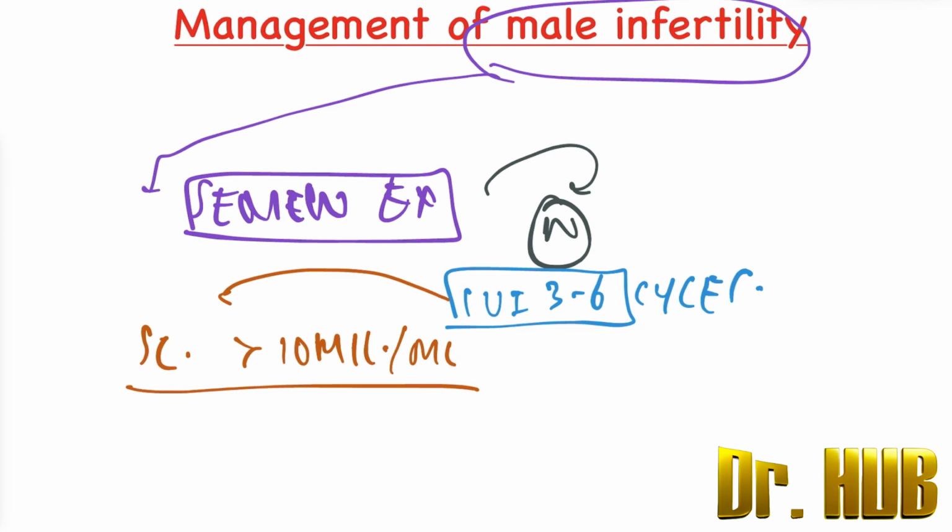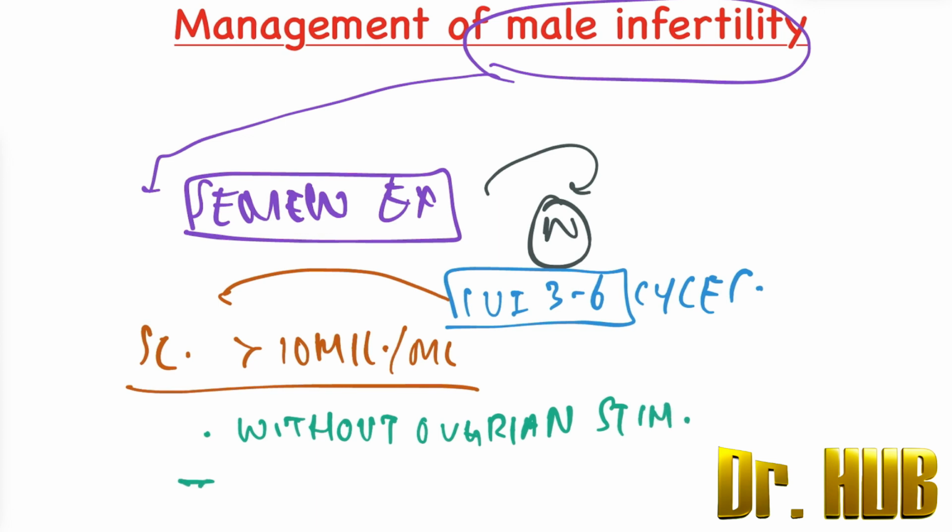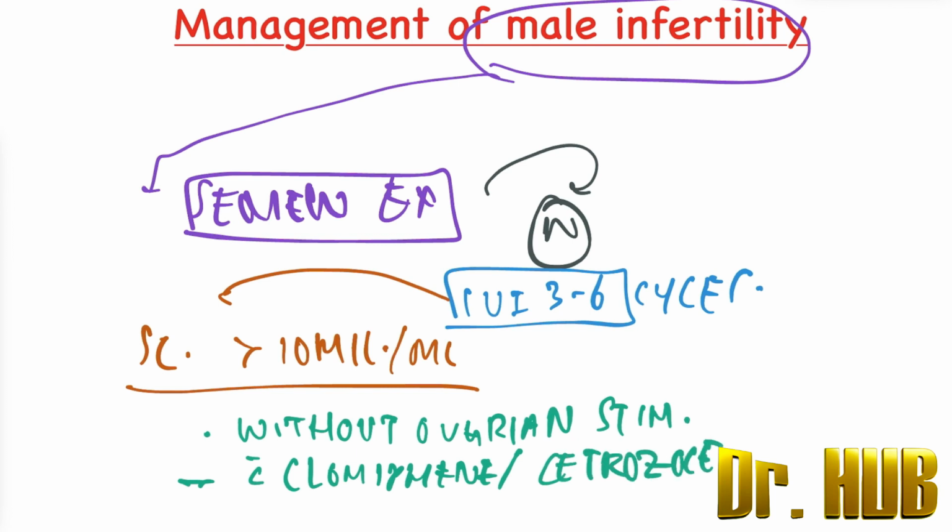Here there is IUI without ovarian stimulation. Next is with clomiphene or letrozole, and with the HCG.